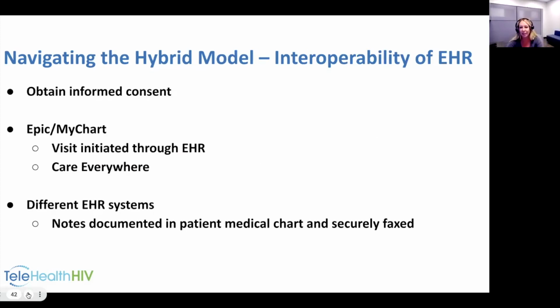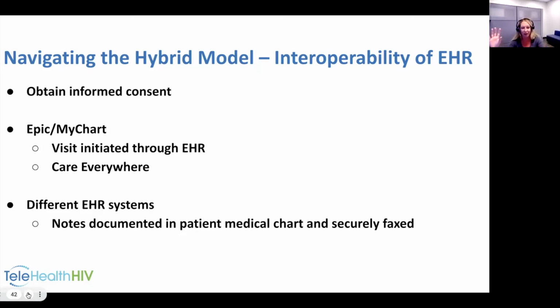And so just a little bit on the interoperability of an electronic health record. We are able to obtain informed consent this way, through the health record. Even with Epic and MyChart, yes, there is the onus of setting it up through MyChart, but in the middle of a telehealth visit, and I can say even with our prison population, their information is in Epic.